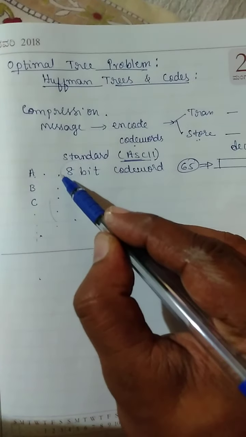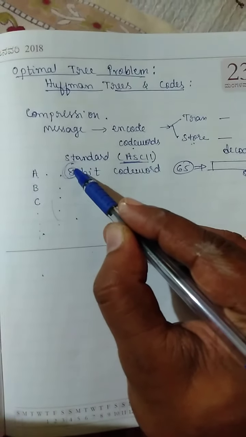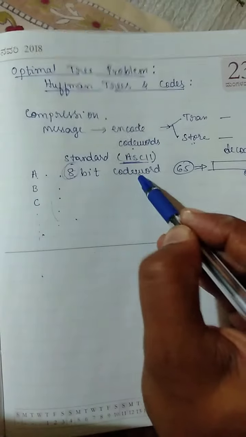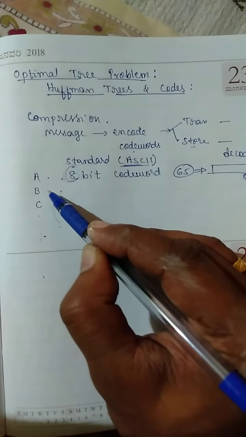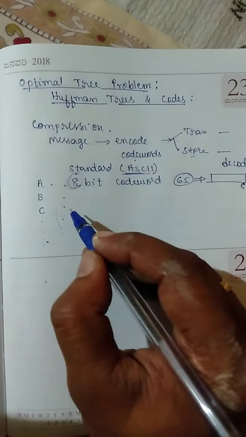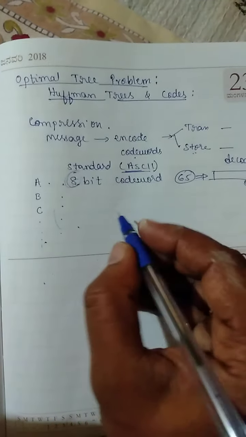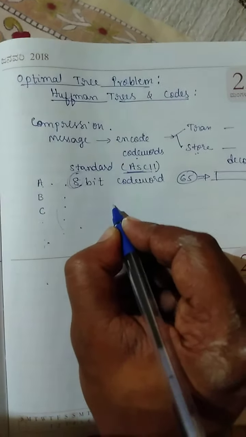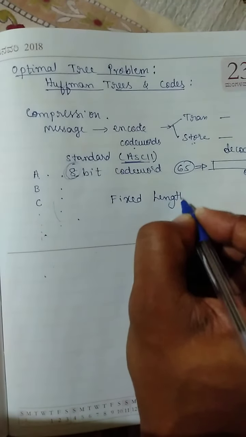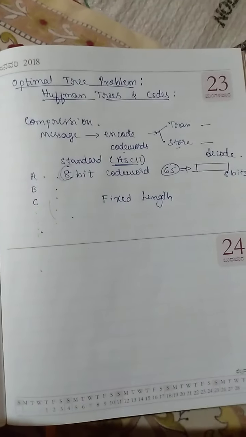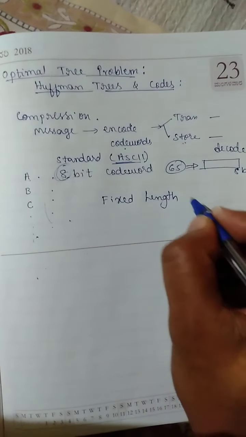It is 8. The number of bits in the code word is fixed for each character, and such kind of coding is called fixed length encoding.